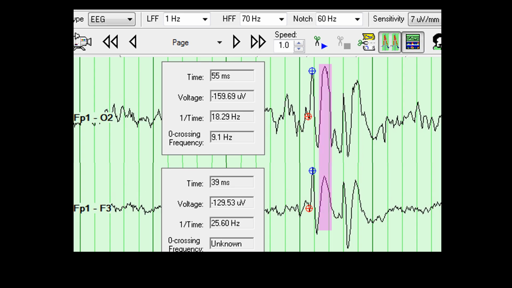You can also see that the amplitude of the slow wave following the spike undergoes more amplitude changes than the spike. In the FP1 to O2 channel, the slow wave is higher than the spike, whereas in the FP1 to F3 channel, the slow wave is smaller than the spike.